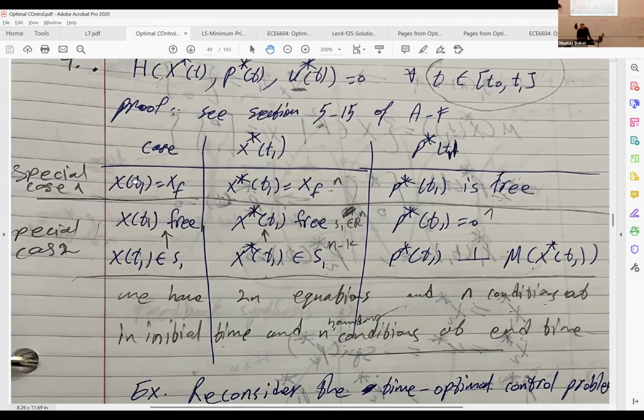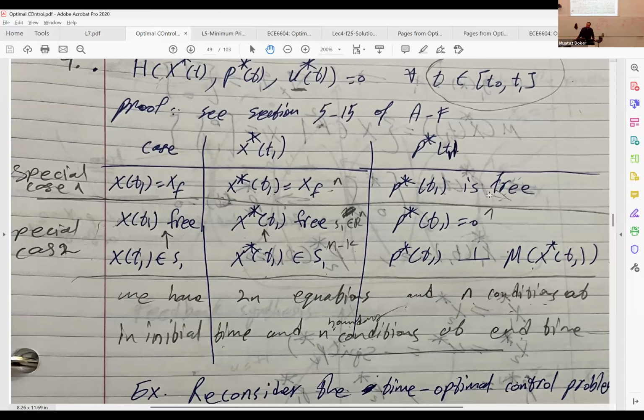In special case number 1, x at T1 is given as xf. So we know exactly what the final state needs to be, and this is the given, which the optimal solution obviously needs to satisfy. In that case, we did not use the P star at T1. It's free, it could be anything.